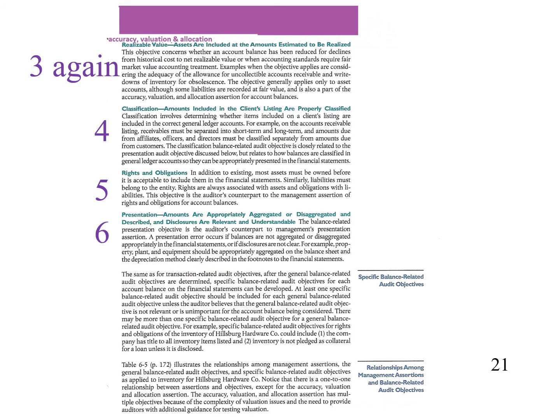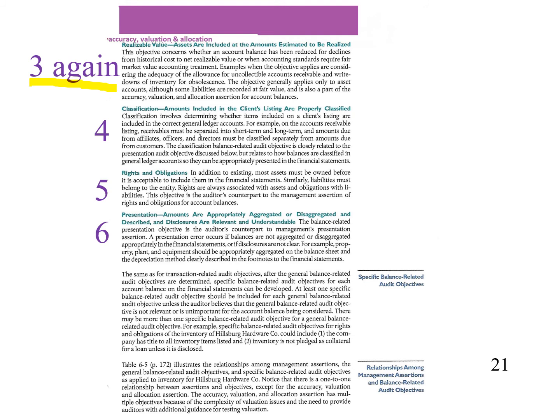Now notice it pops up again. And what it is here now is, to us, accuracy, valuation, and allocation. It's realizable value. And this is really an example of valuation. We report accounts receivable on the books at net realizable value. So if net realizable value is less than the face value of the accounts receivable, then we're going to make an adjustment.